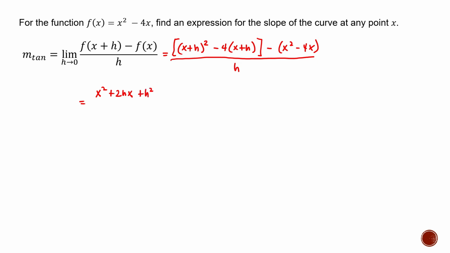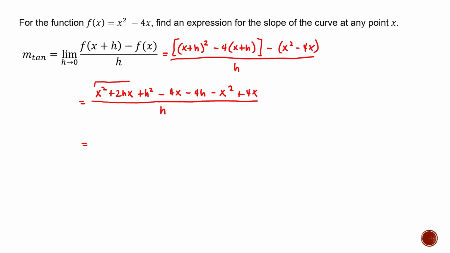So that's the expansion form of x plus h squared, minus 4x minus 4h, minus x squared plus 4x, all over h.